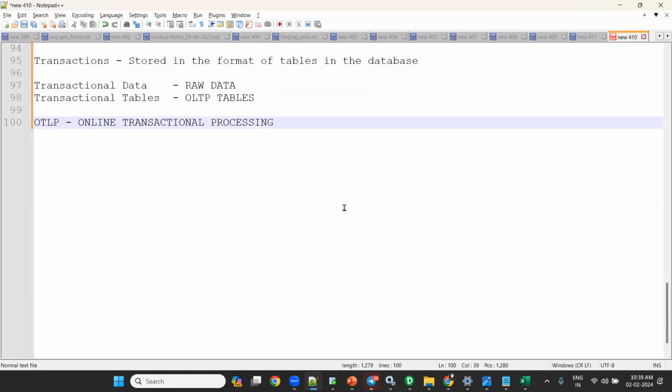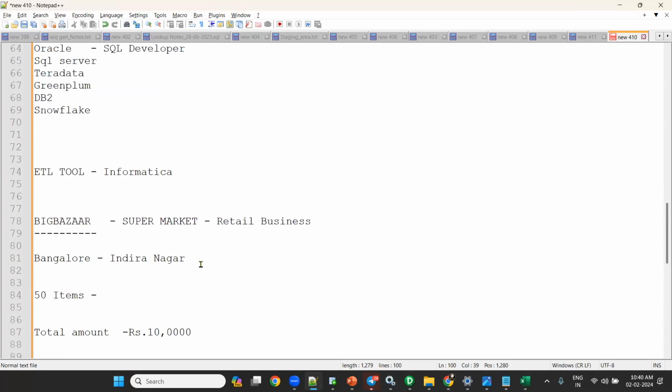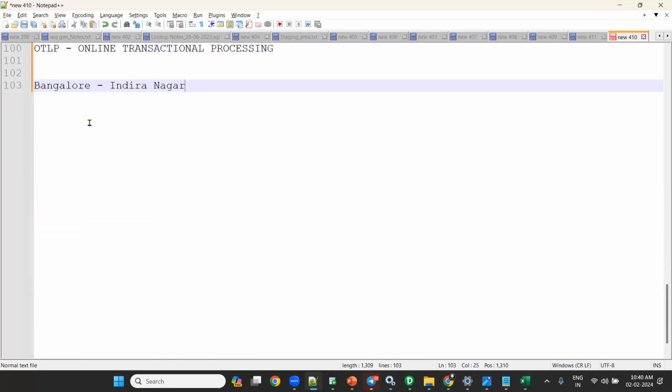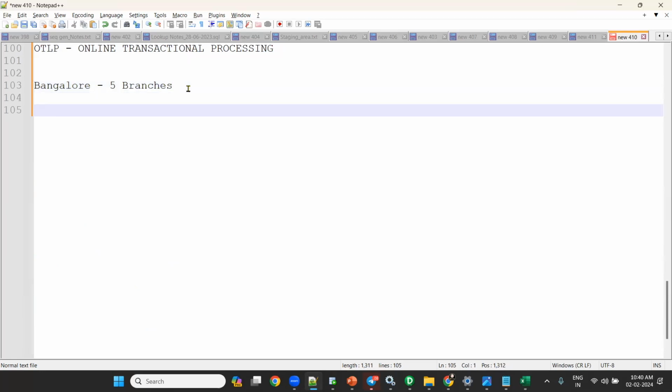Okay. Suppose, for example, I have Bangalore Indiranagar branch. Like this, in Bangalore, I have 5 branches. What are those?